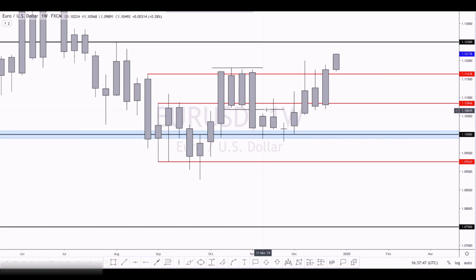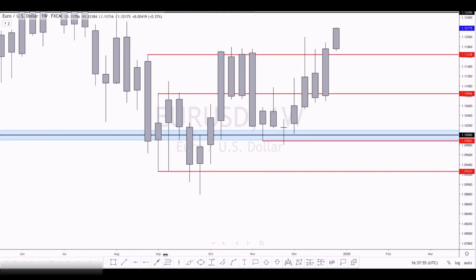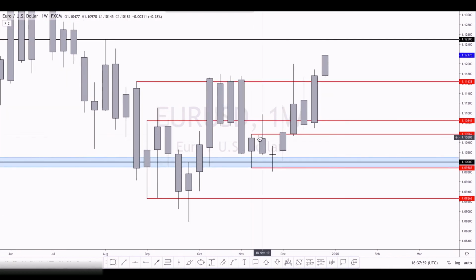We've seen price come back down to our key level and again show us a failure to move lower. We then had consolidation right here, which has led to failure to move lower, failure to move higher. Then we've had that close, a strong push.